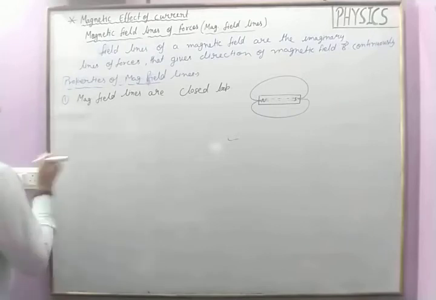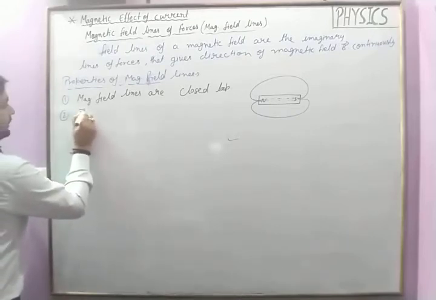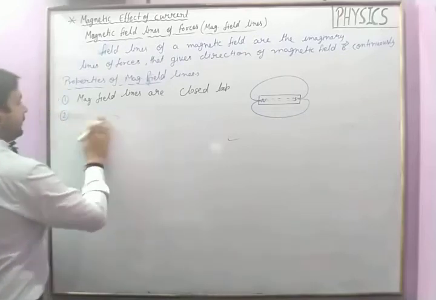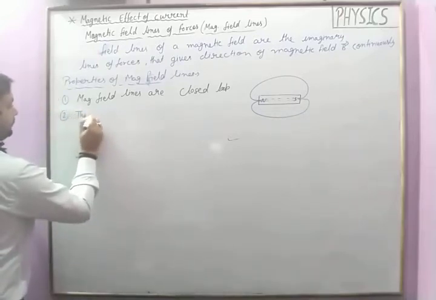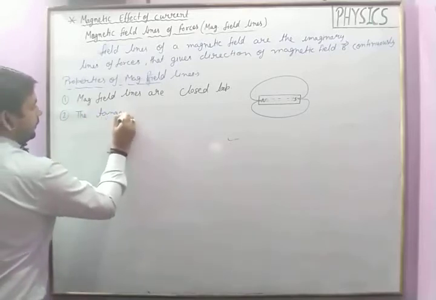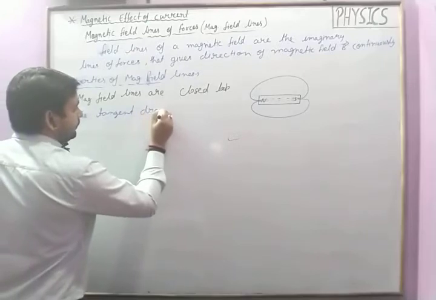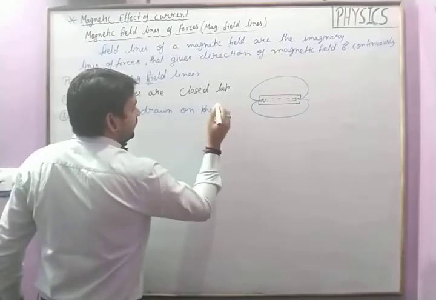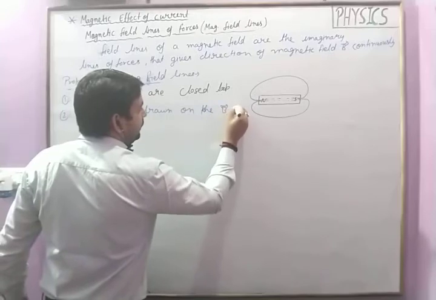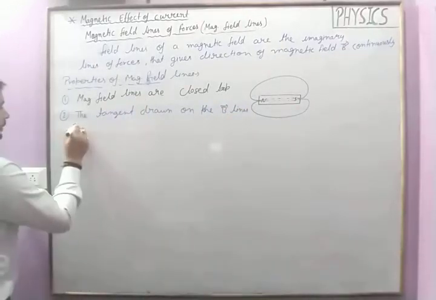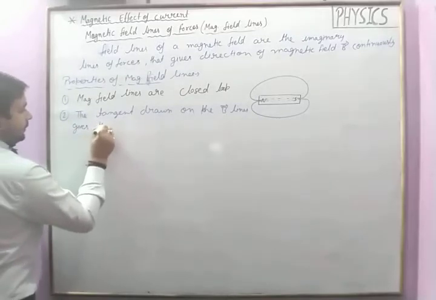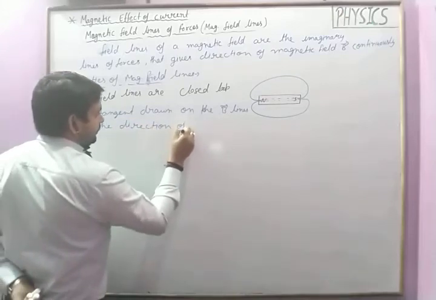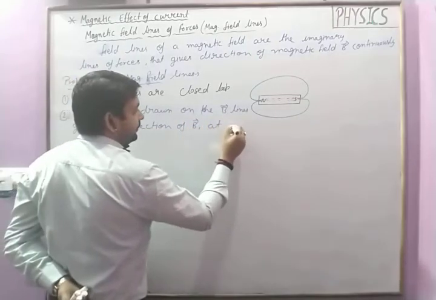Second, the tangent drawn on a magnetic field line gives the direction of the magnetic field at that point.